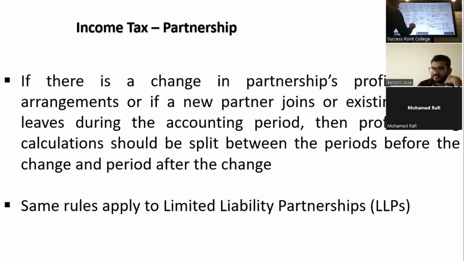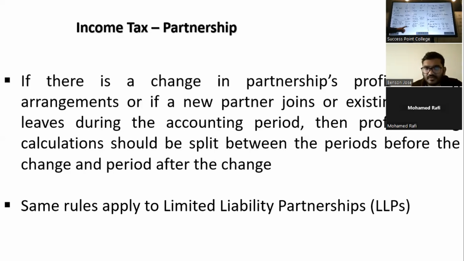So these are the total profits for 1920. So 36,000 plus 8,400, 44,400 current year basis. 27,000 plus 6,300, 33,300 current year basis, because these are ongoing partners. 6,300, and we will apply the opening year rule on this D.